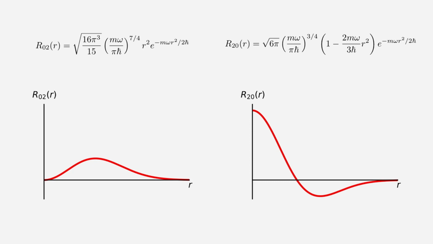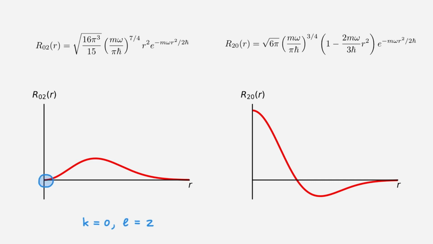Here I'm showing you a plot of the radial functions associated with that second excited state. The figure on the left corresponds to the case when k equals 0 and l equals 2. In this case, the series solution again has a single non-zero term corresponding to the C0 expansion coefficient. The radial function vanishes at the origin here.